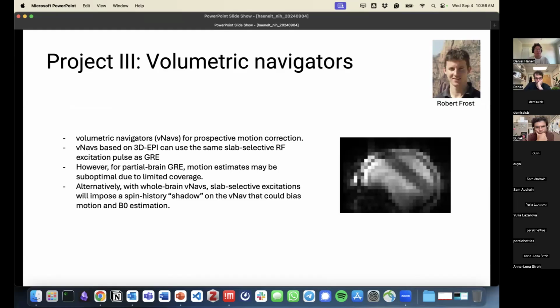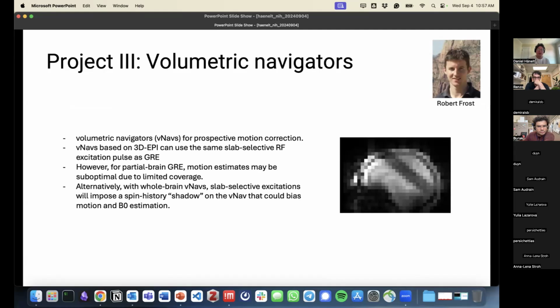The basic idea of volumetric navigators is that you stop the acquisition every few seconds, and then acquire a very fast low resolution EPI scan, which is then used for prospective motion correction before you start acquiring the next bunch of k-space lines.